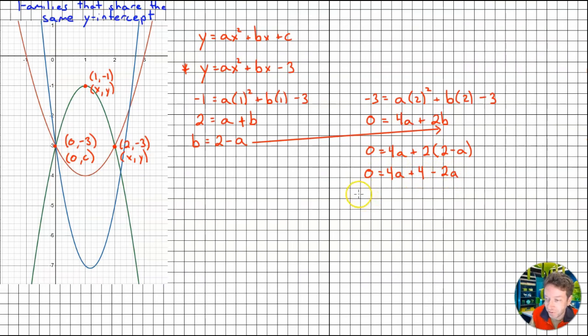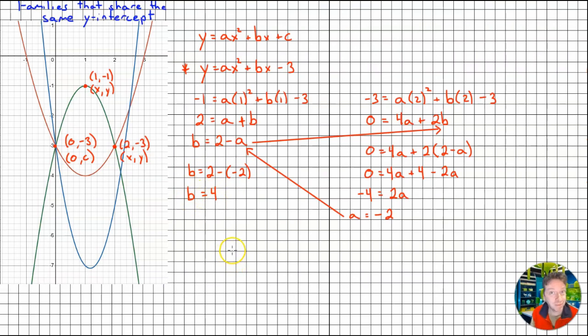So bring the 4 over. So we got negative 4 equals 4a minus 2a, which is just 2a. Divide by 2. And we get a equals negative 4 over 2, which is negative 2. Then we can put that back in here to figure out what b is. So b equals 2 minus negative 2, which is 4.